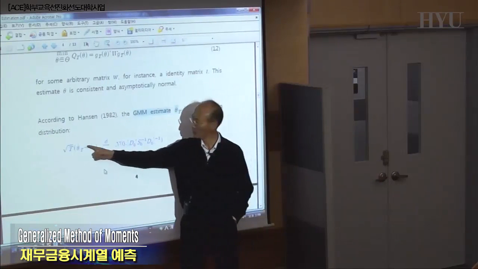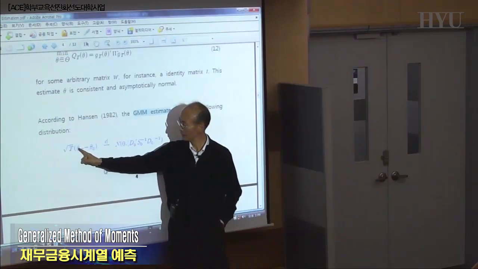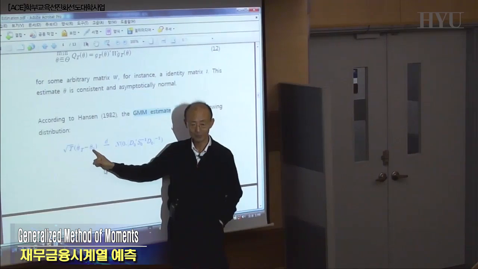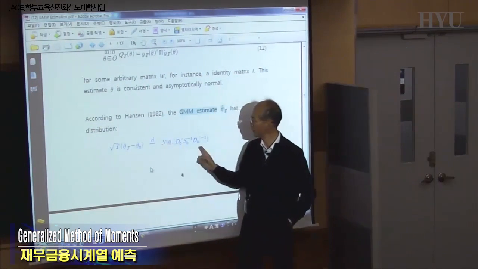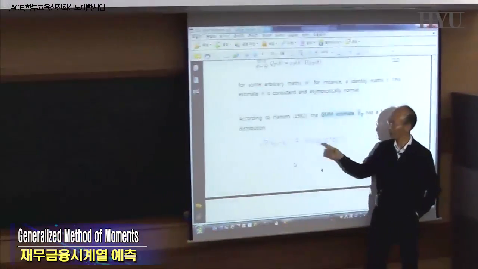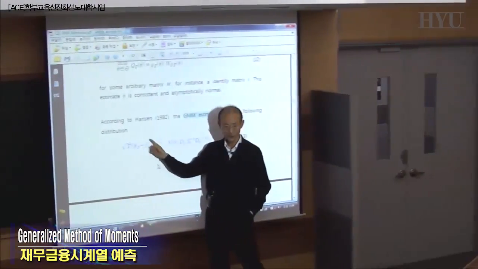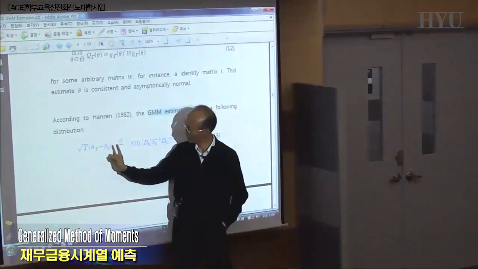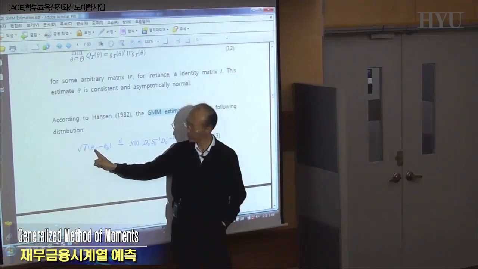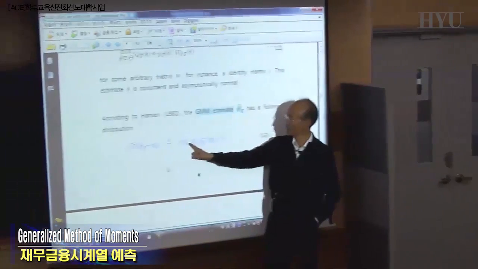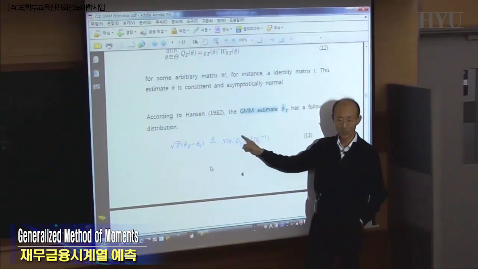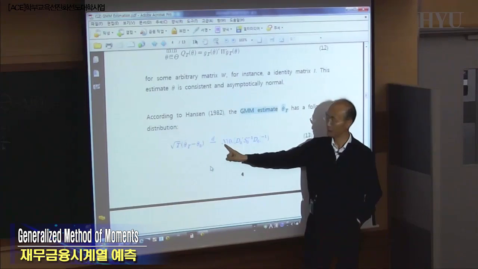On average 0. So that means it converges to that, right? And the variance is this one. So the difference between the true parameter and your GMM estimate scaled by square root of t, on average 0, and this variance, and it's normally distributed.